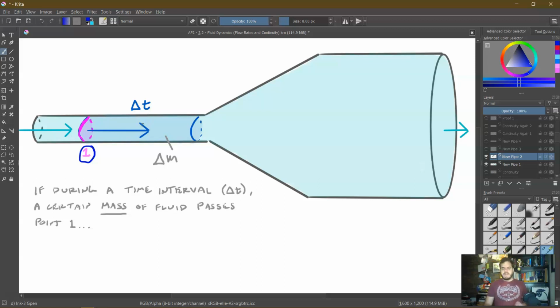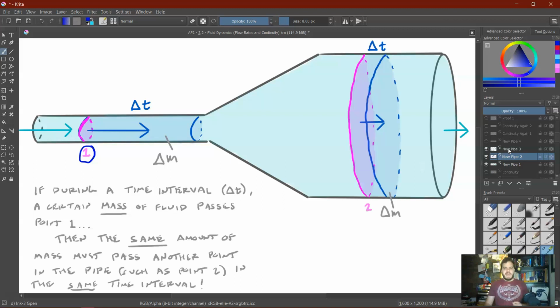So we're looking kind of like a mass flow rate here. So if during a time interval delta t a certain mass of fluid passes point 1, well, then it reasons that that same mass of fluid must pass a later point, point 2, within the same length of time.